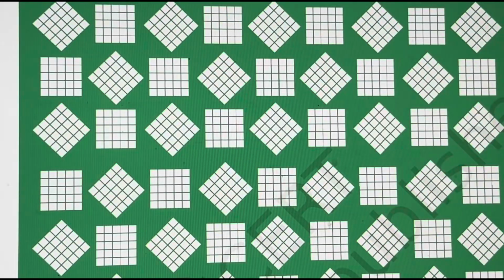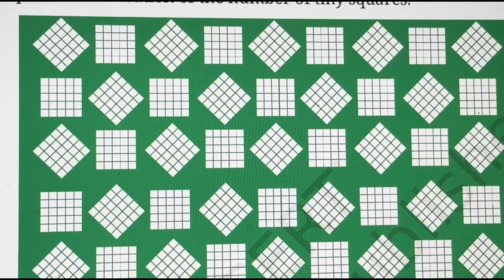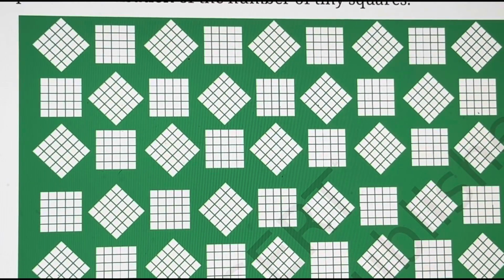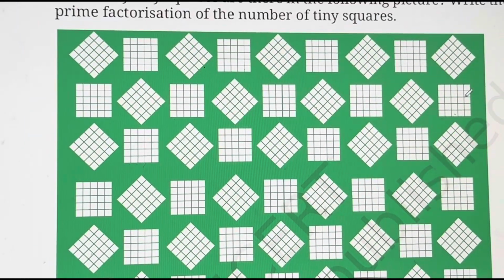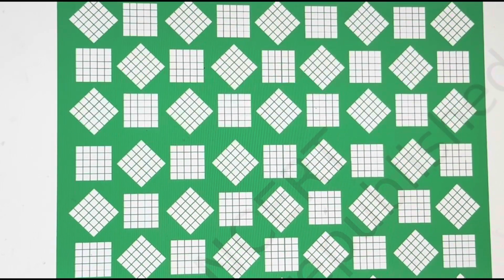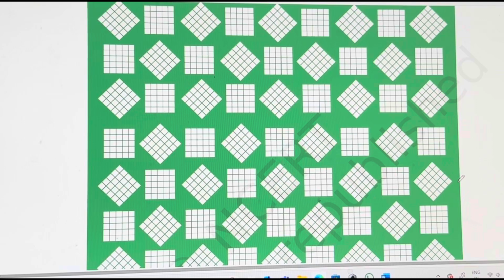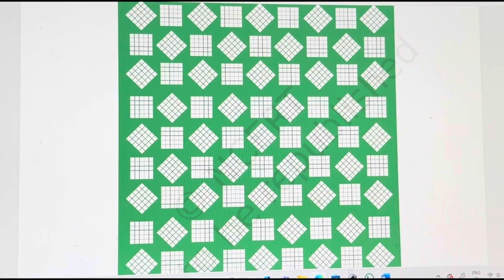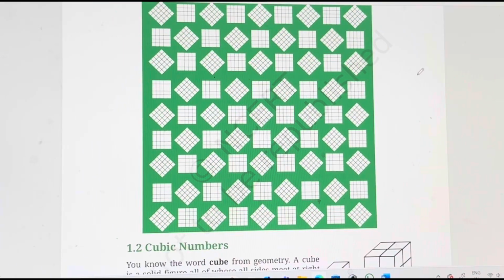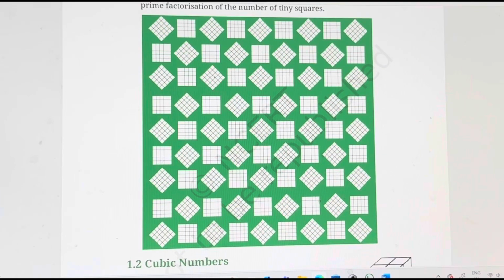Now question number 9. What is given over here is, how many tiny squares are there in the following picture? Write the prime factorization of the number of tiny squares. Right, so first we find out how many tiny squares are there. So if we see the picture as a whole, let us count the total squares first of all in the whole picture.